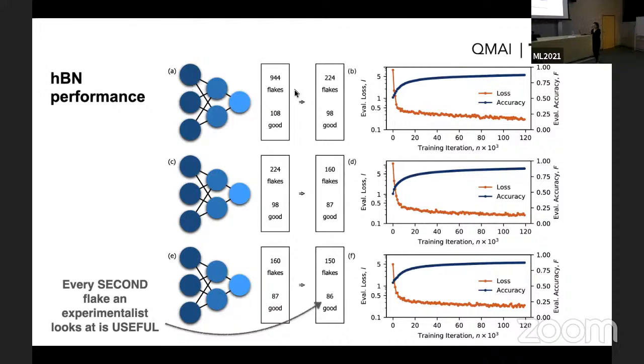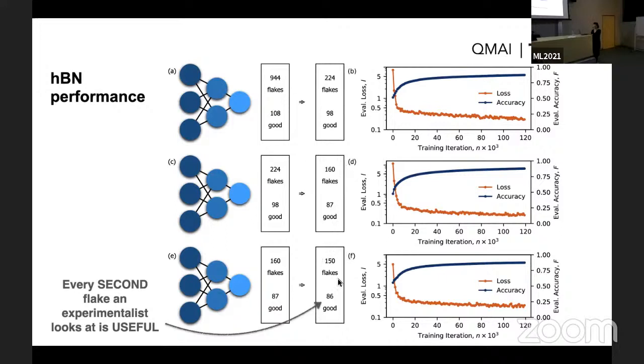I apply it on about 1,000 flakes, out of which 100 are good. It spits out 224, out of which 98 are labeled as good. Then I put it into the next network, and it goes from 98 good to 87 good, but it lowers the total number of flakes the experimentalist has to look at to 160.